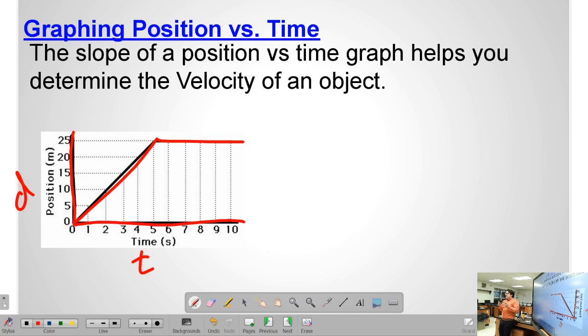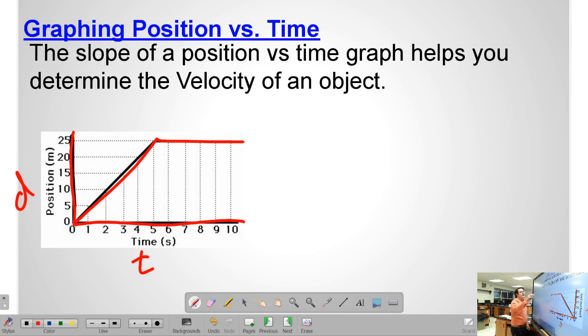We do this quite a bit, but some people still struggle with it, which is why I'm bringing it up again. We're going to talk about 3 different graphs by the end of the day today. This is the first of the 3. It is a displacement versus time graph. So I'm going to backtrack just a little bit.